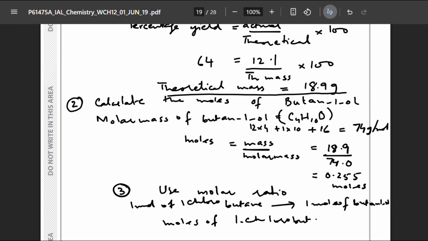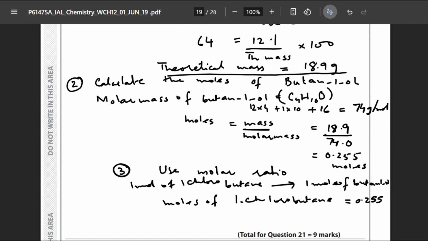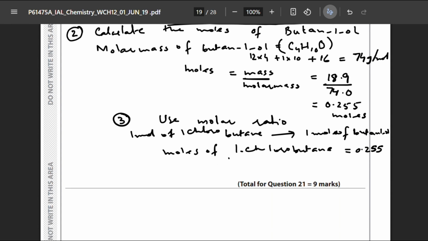So the moles will remain the same. The moles of chlorobutane will also be 0.255 moles. Through moles, we can calculate the mass of 1-chlorobutane.